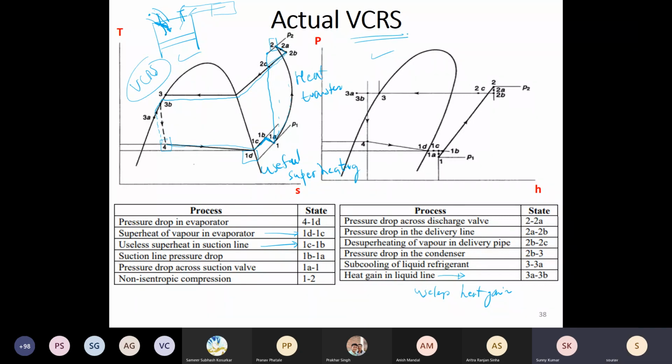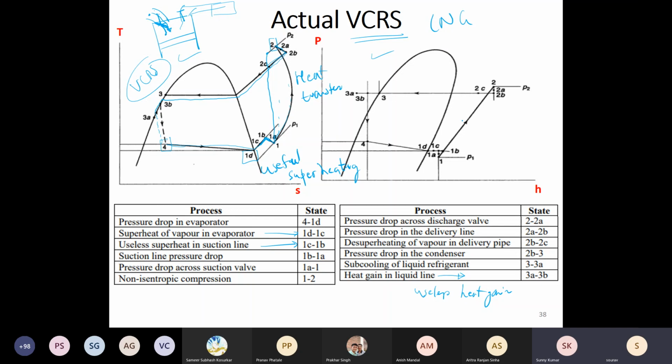But that doesn't mean that we should not learn about the cycle which is operating in an airplane. That is not a VCRS cycle. Or the cycle that we use in ships to carry liquefied natural gas. So we'll just touch upon those cycles. We'll briefly understand what the application is, and then we'll come back to the VCRS cycles.